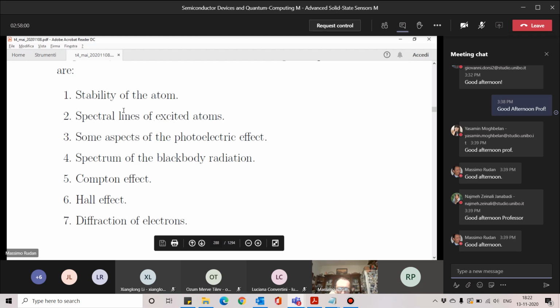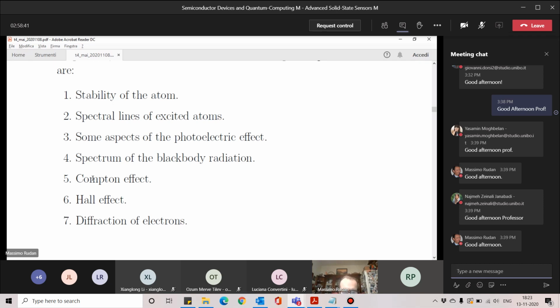We did not give an explanation for the stability and for the spectral lines, okay? There has been an explanation for the photoelectric effect. There has been an explanation for the black body radiation. And there has been an explanation for the Compton effect, but for the moment they are based on, so to speak, independent assumptions. Okay.